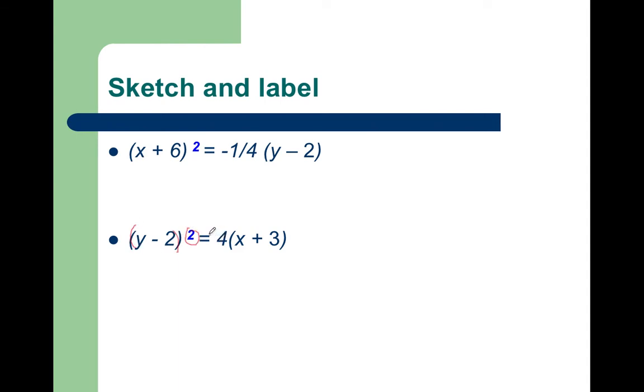And the dilation factor is positive, therefore this is a right. The x coordinate of the vertex is -3, and the y coordinate is 2. The dilation factor is 4p, and it's positive. So p, oh this is nice, is equal to 1.